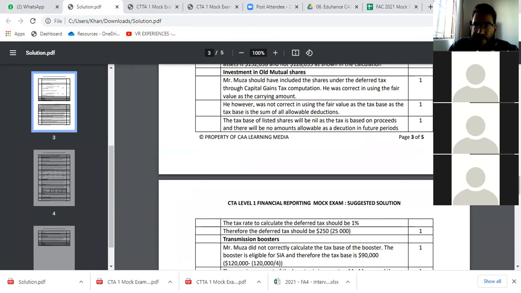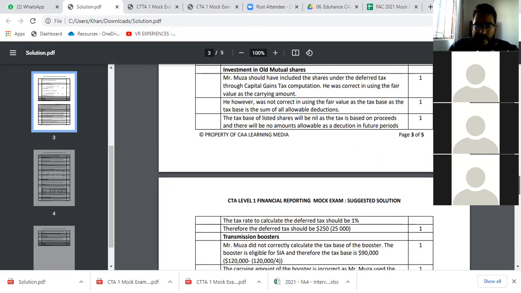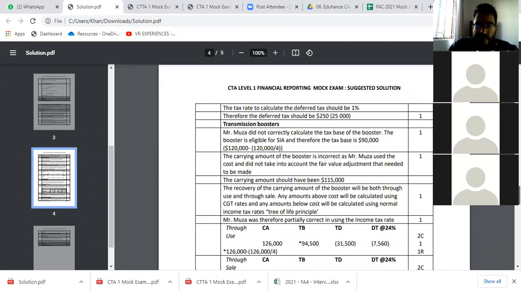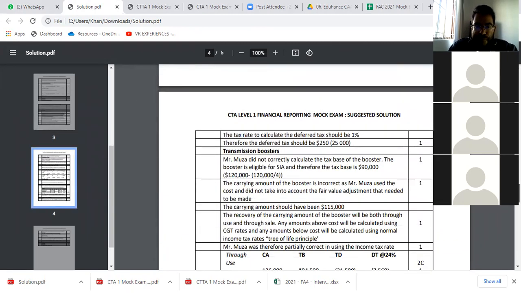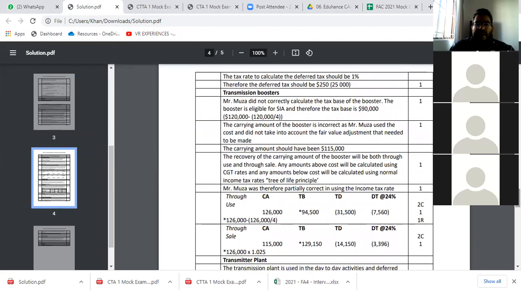Can we move on? Okay, so I'm going to move on. Now let's deal with the transmission boosters.